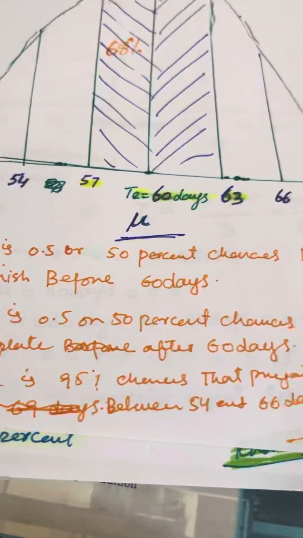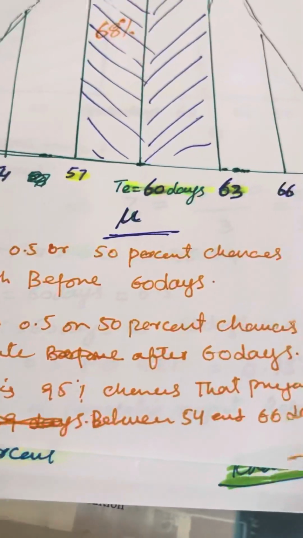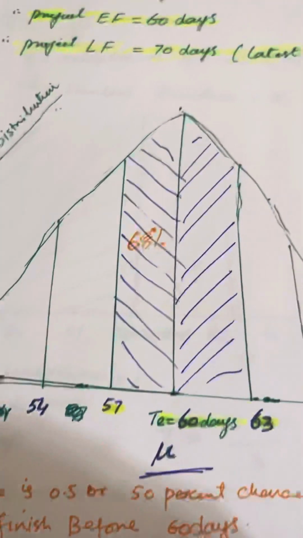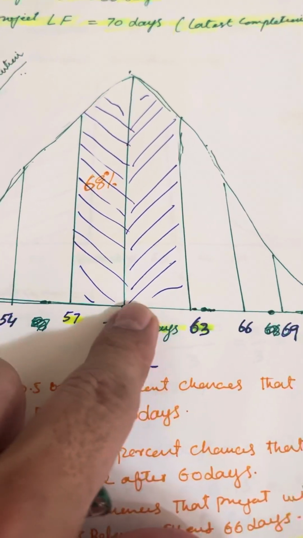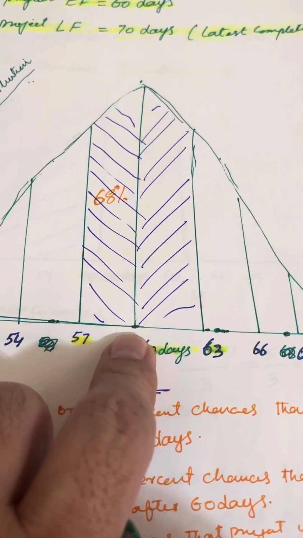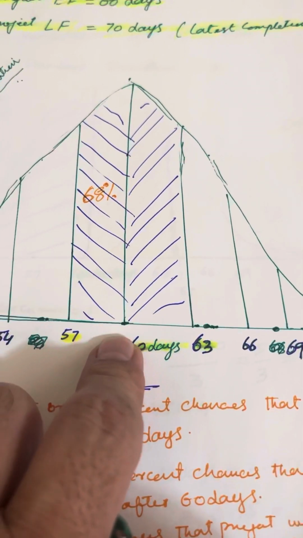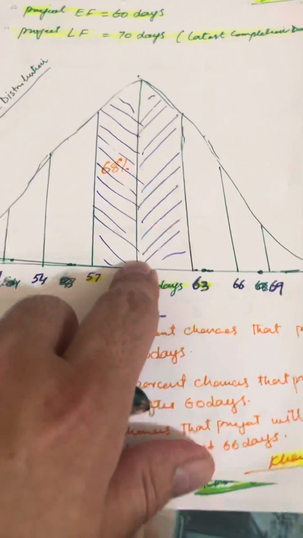And then there is a 95% chance that the project will be completed between 54 and 66 days. Between this and this is 68%, within one standard deviation. This is our total expected time, 60 days, earliest finish. Our latest finish is 70 days.